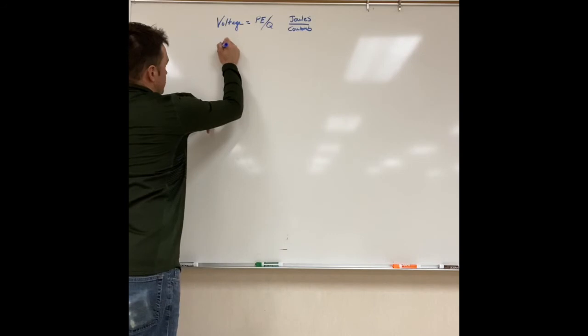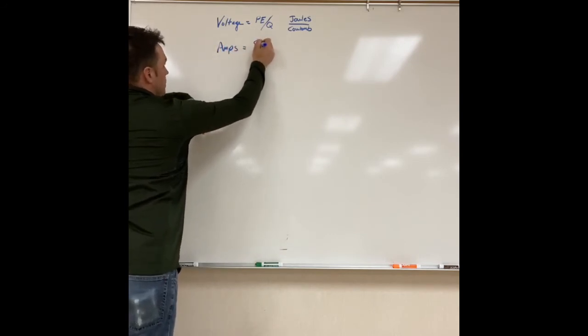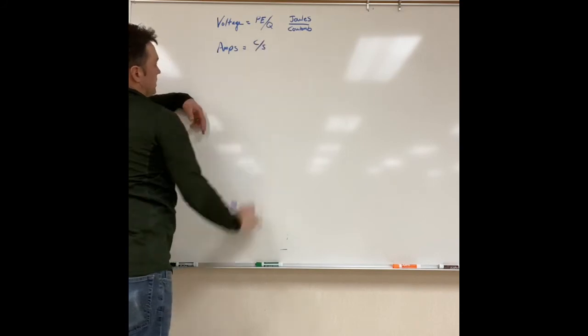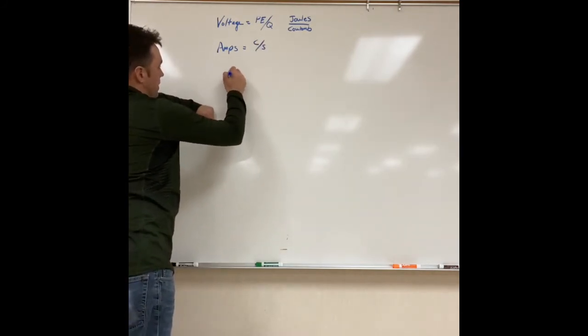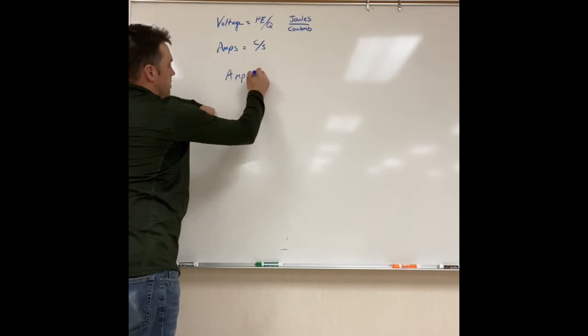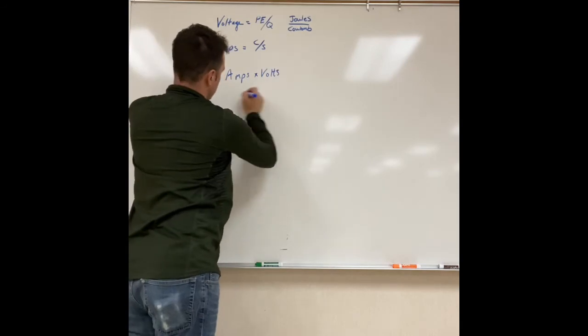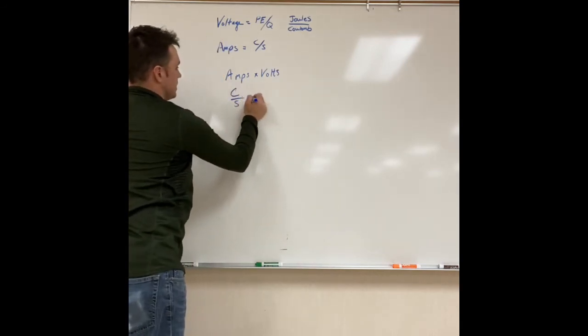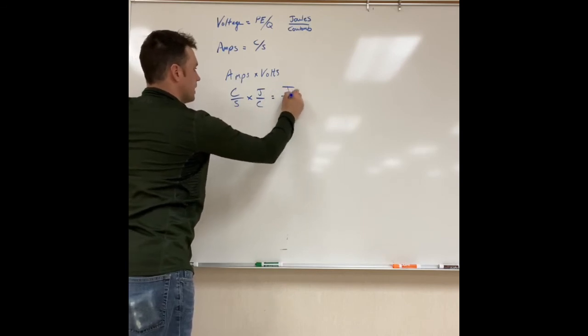Whereas amps is a rate of the flow of charge, so it's coulombs per second. So what would happen if you took amps times volts? You would get coulombs per second times joules per coulomb, which is joules per second.